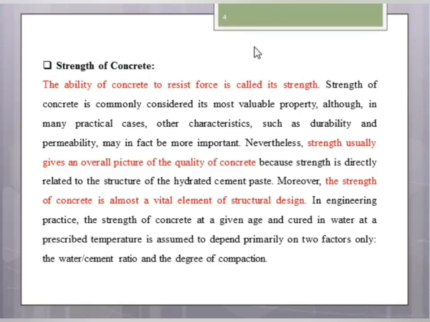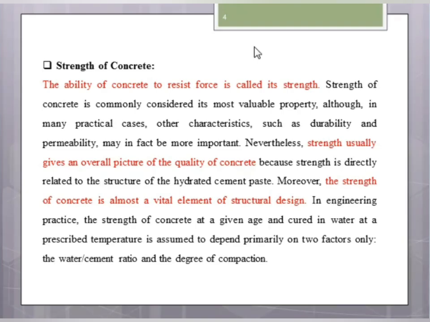The ability of concrete to resist force, that is strength. Whatever the elemental composition of concrete, that is cement and aggregate, after complete hydration it will set to 90%, 99%. That internal material has resistance power against external forces, and that is the strength, compressive strength.